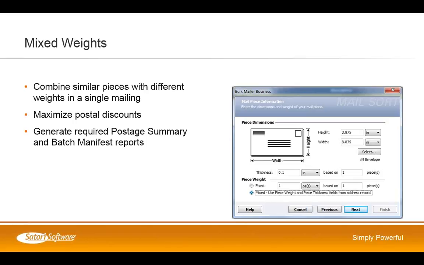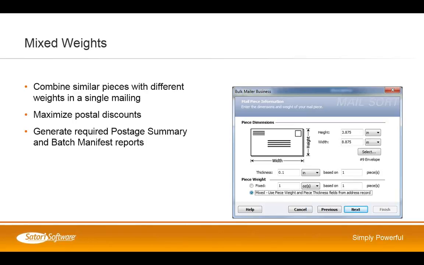You just import in the weight of each piece and the thickness of each piece, and then you select the mixed weight option in the sort wizard, and then we do the rest. We'll take care of the tray handling and make sure that the right number of pieces go into each tray, and that'll vary. Sometimes you'll have a 100-piece tray, and sometimes you'll have 150 based on the thickness of the pieces that are in it.